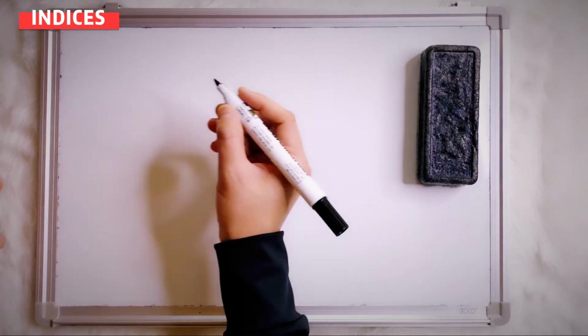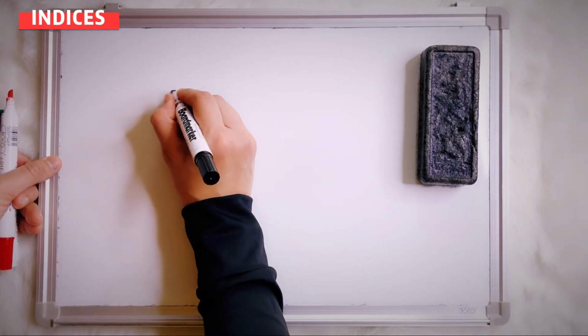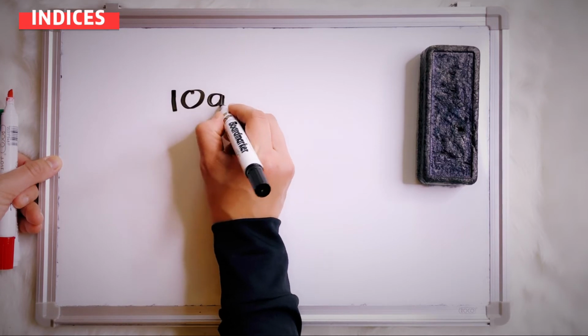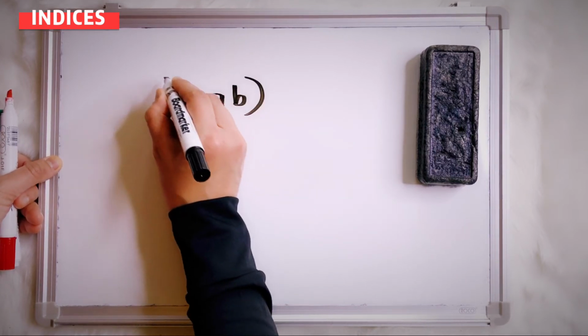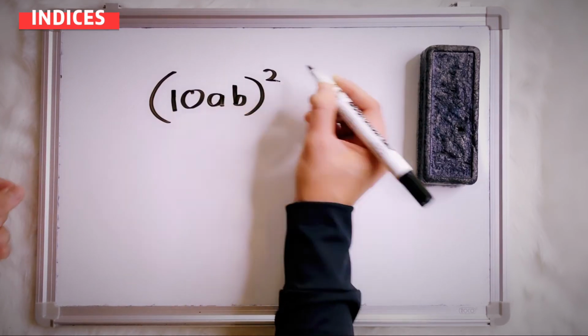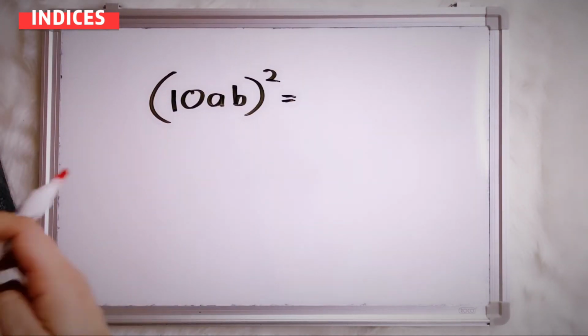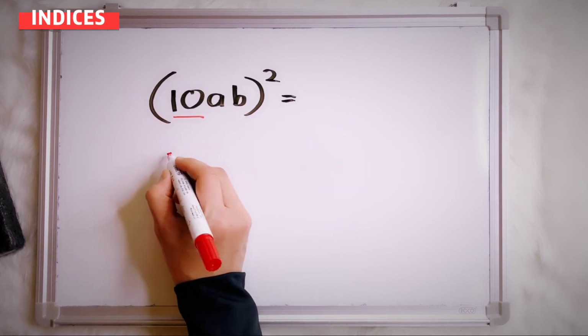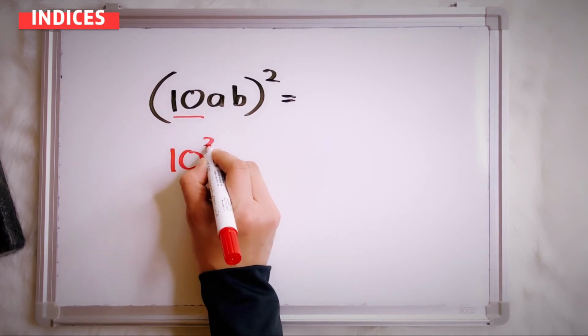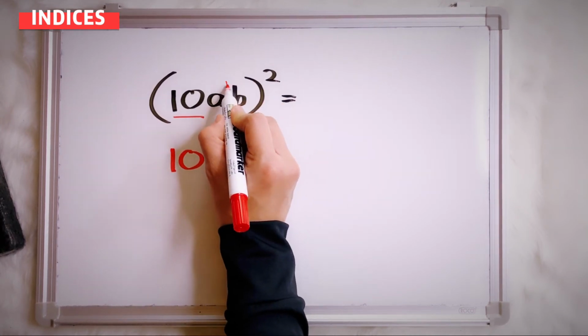One more. If I give you 10ab, squared. Okay, now the number. So then 10 power of 2. This one means 1, yeah?